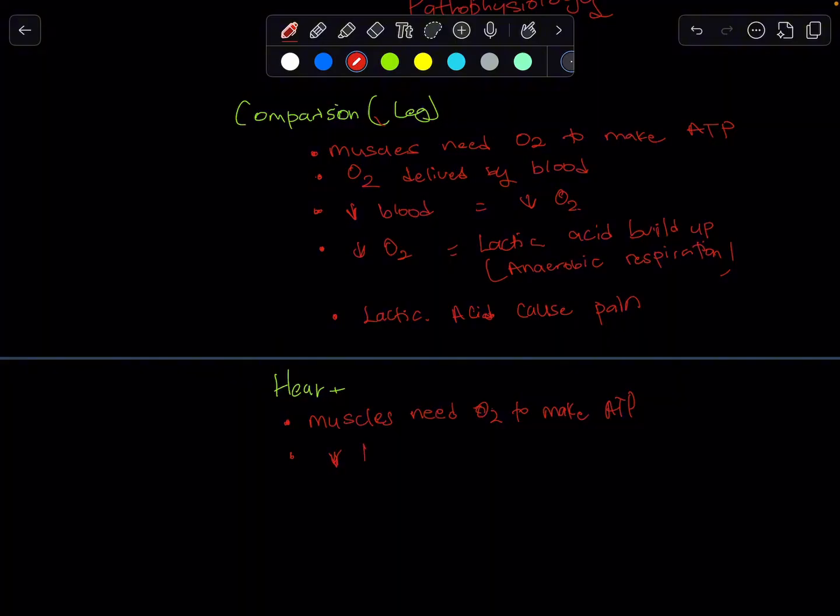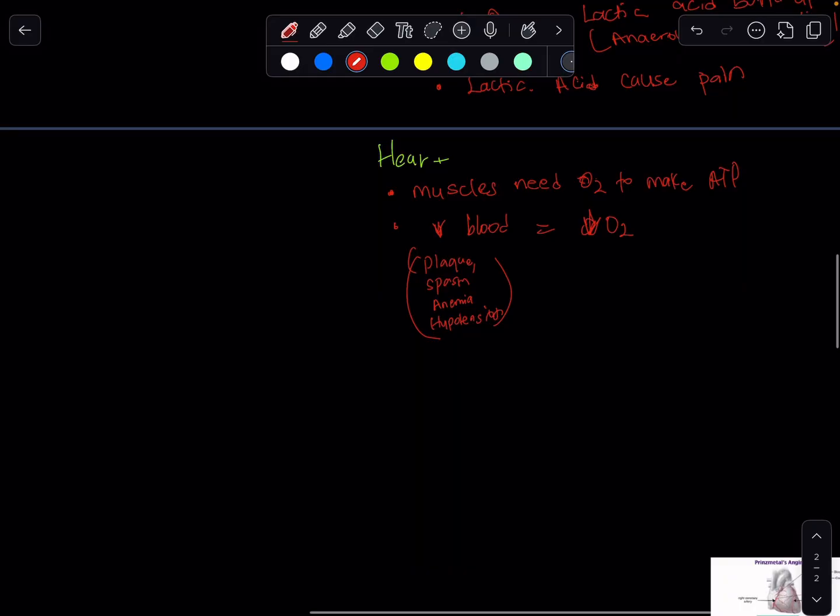If there's decreased blood, there is decreased oxygen. And we know why there's decreased blood: because of the plaque, because of the spasm, because of anemia, because of hypertension. So we know all of those things. That's the supply part and the demand part. And we know now the heart switches to anaerobic respiration, and that means lactic acid.